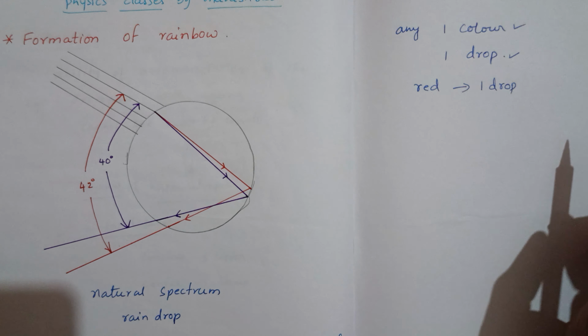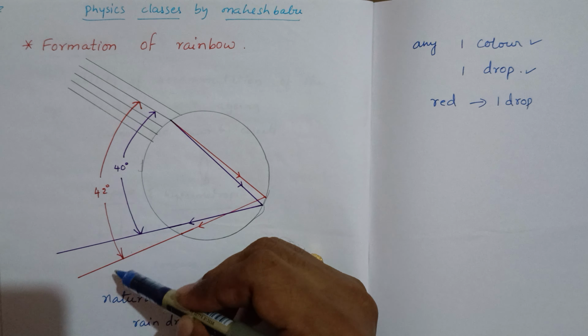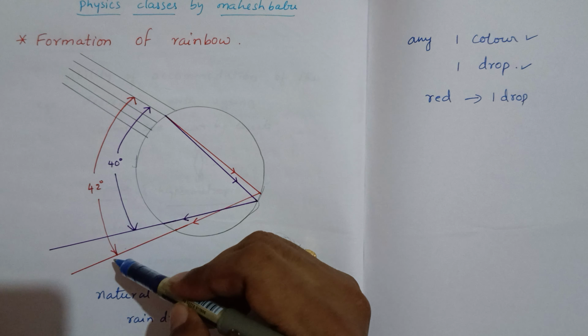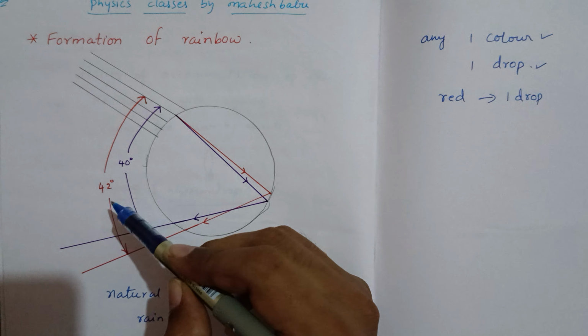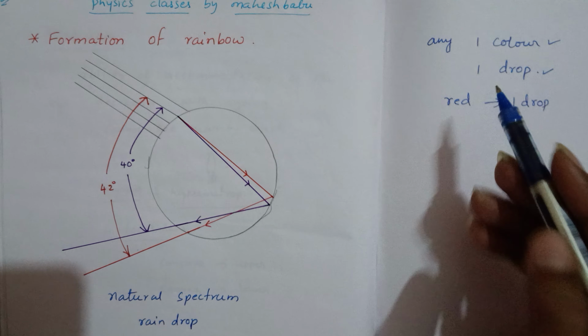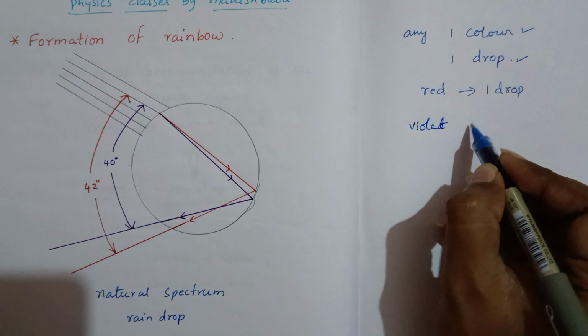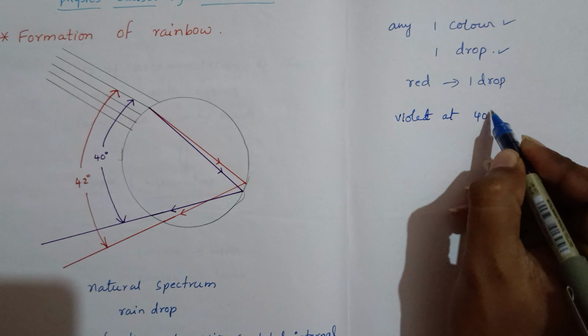Red color we can see at a maximum angle of 42 degrees, and violet at 40 degrees.